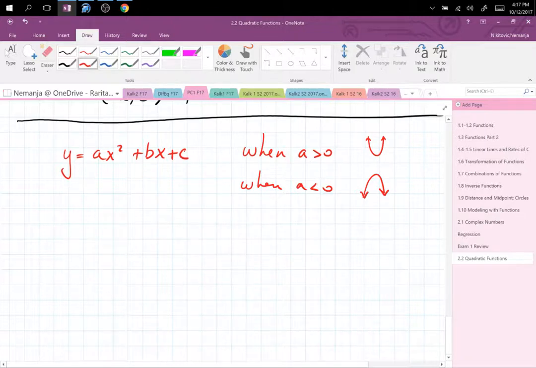The $1 million question is, what happens when a is 0? What happens when a is 0? Think about it.